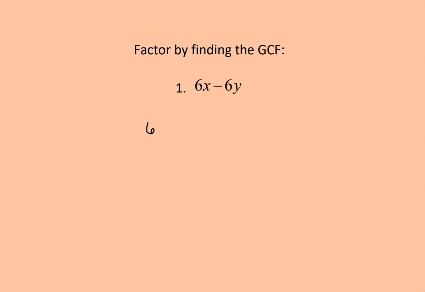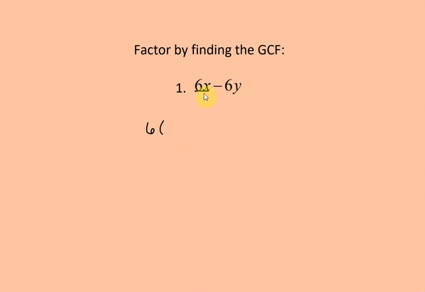Once I determine what my greatest common factor is, I write it down, which I've already done, and then in parentheses after the greatest common factor, we're going to write what we would have left if we were to divide our polynomial by that number or that term.